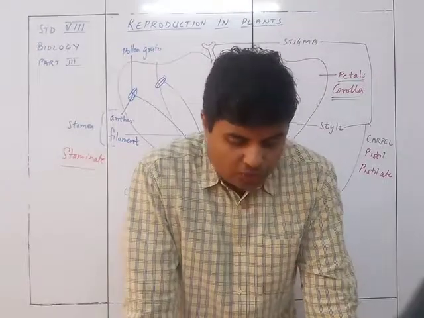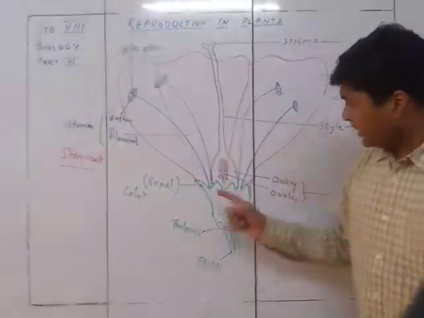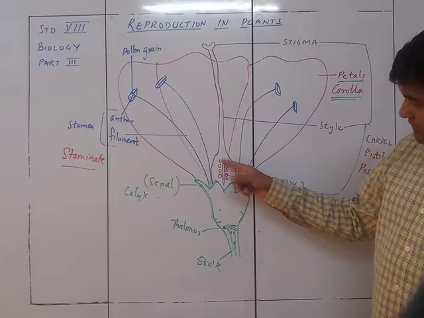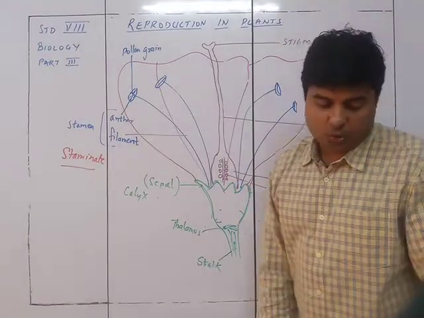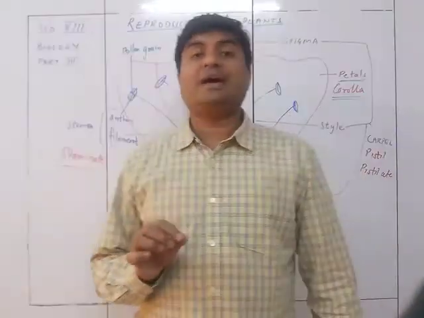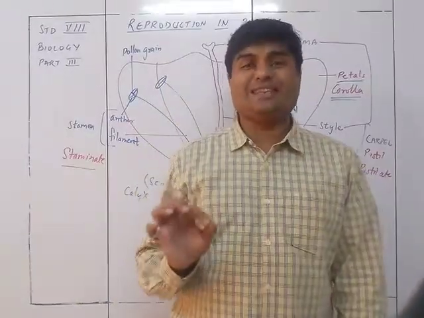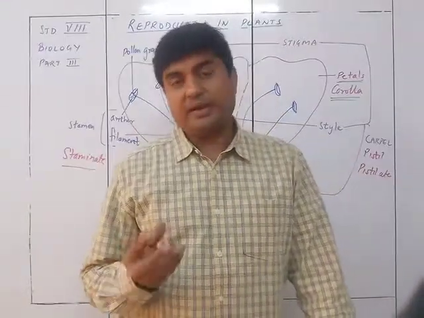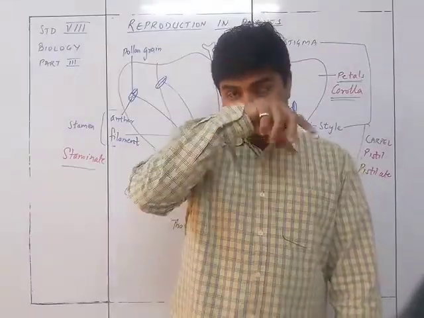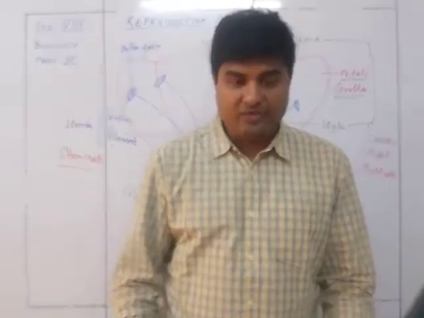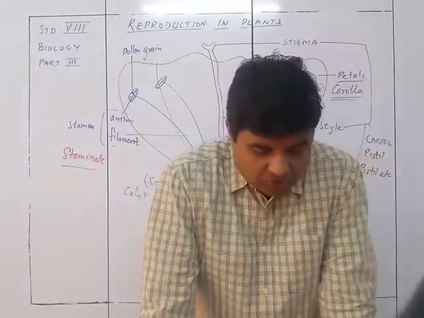The next is ovules. You can see in the ovary there are small, circular, spherical areas. That is nothing but the ovule. These ovules are actually the future seeds. You can consider them as the egg of the plant.